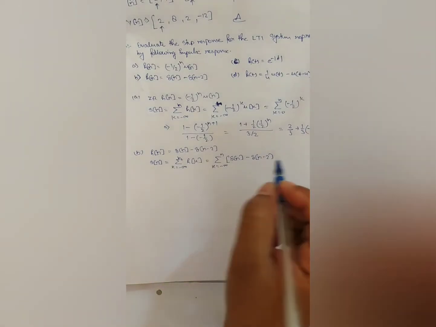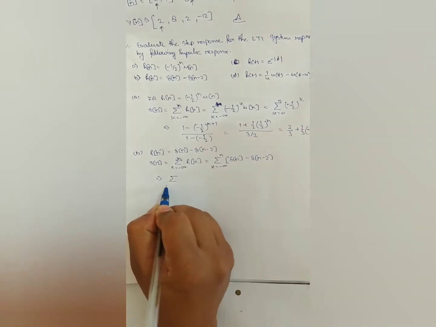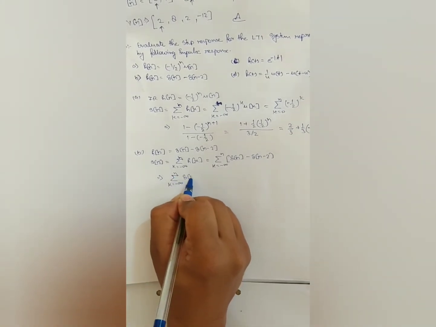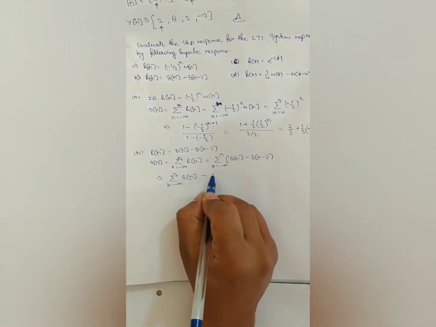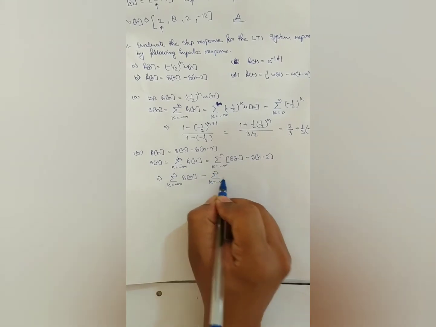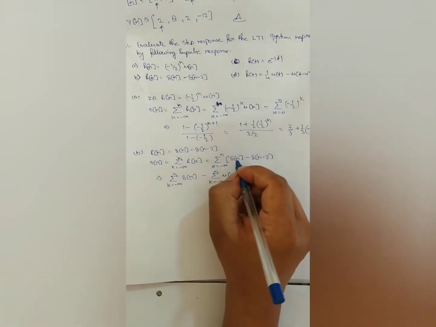When we open this bracket, we have the summation k from minus infinity to n of δ[k] minus the summation k from minus infinity to n of δ[k minus 2].